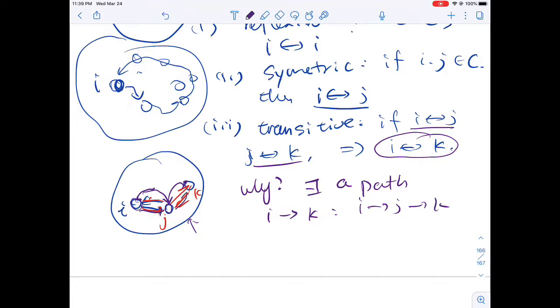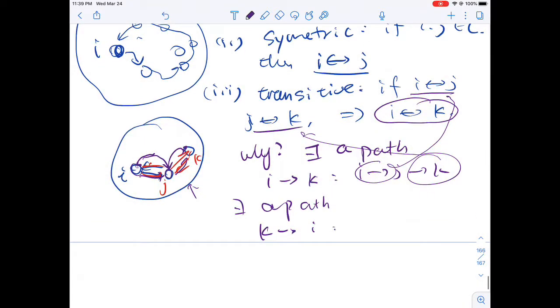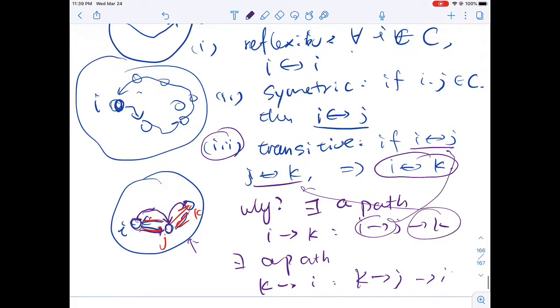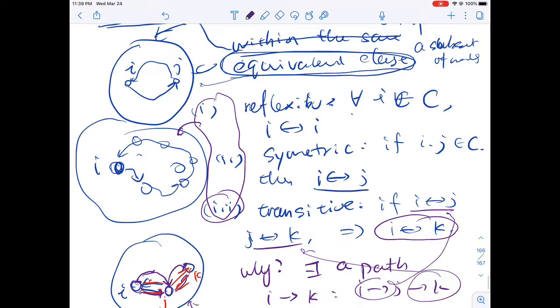Both are given conditions. And there also exists a path moving from k to i, because I can definitely move from k to j and then j to i. So that's the third condition. If these three conditions are all met for a subset of nodes, then we say that subset of nodes forms an equivalent class.